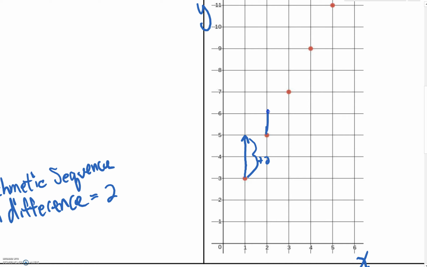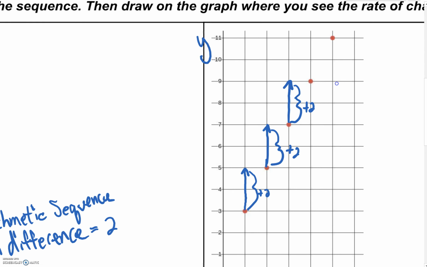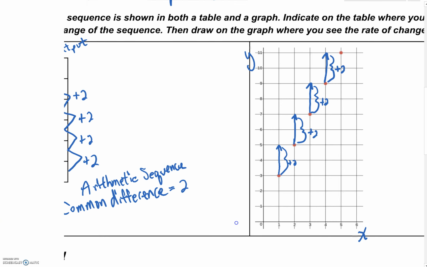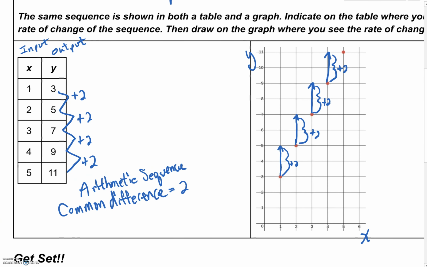As we're coming this way, we're going up again. What's happening? We're adding a 2. And this is going to be consistent just as well. This is how you can see that common difference, even in a graph. So, whether it's with a table or with a graph, you can determine that you have an arithmetic sequence. You can even see that common difference.